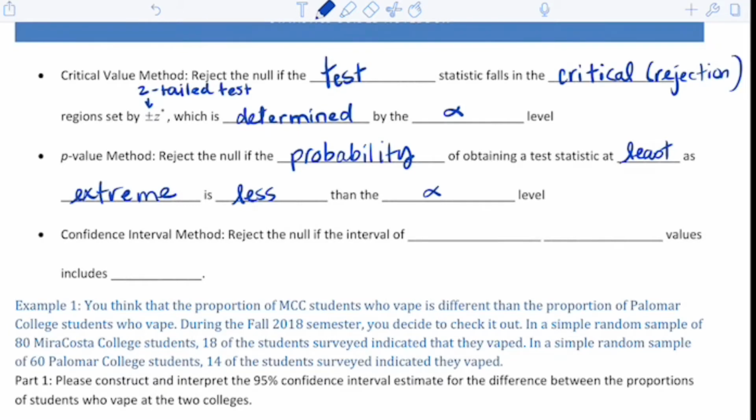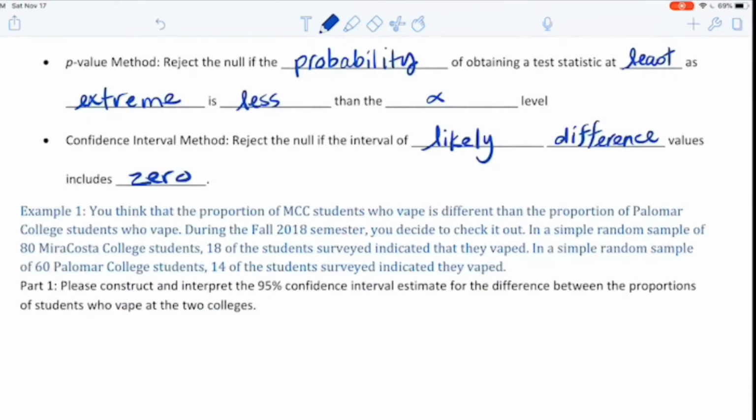Confidence interval method. So you reject the null if the interval of likely difference values includes 0, because that would mean there'd be no difference between the proportions.